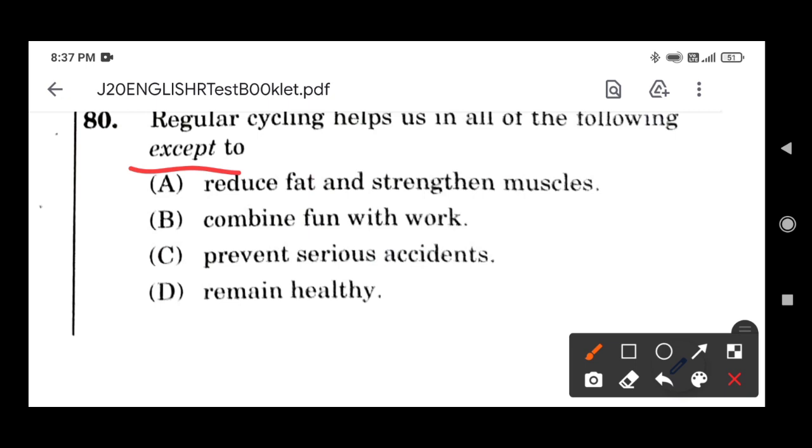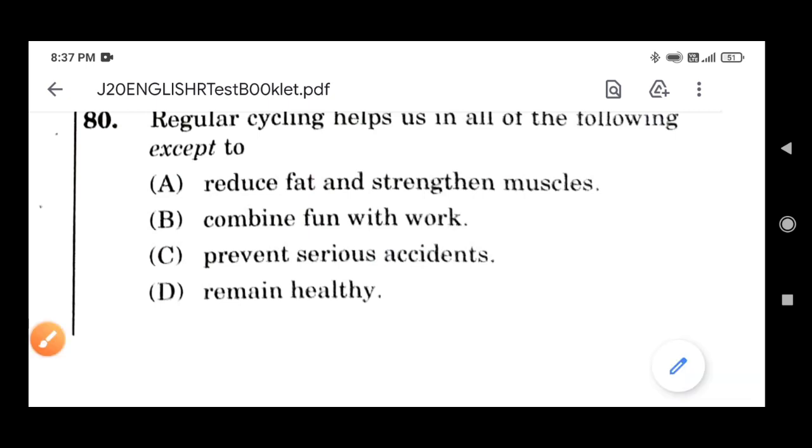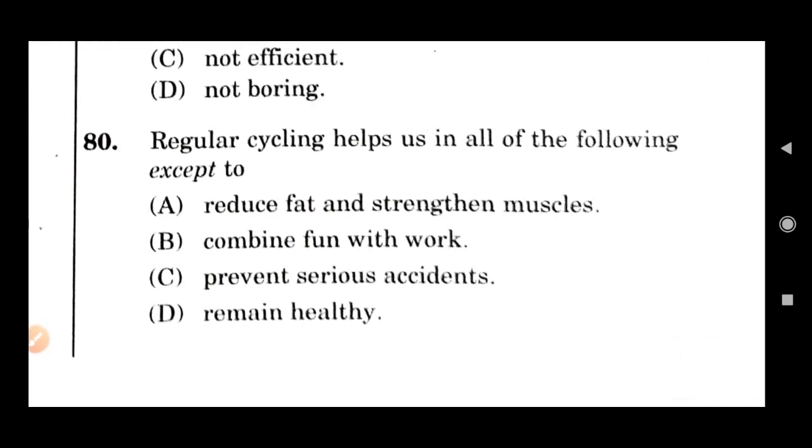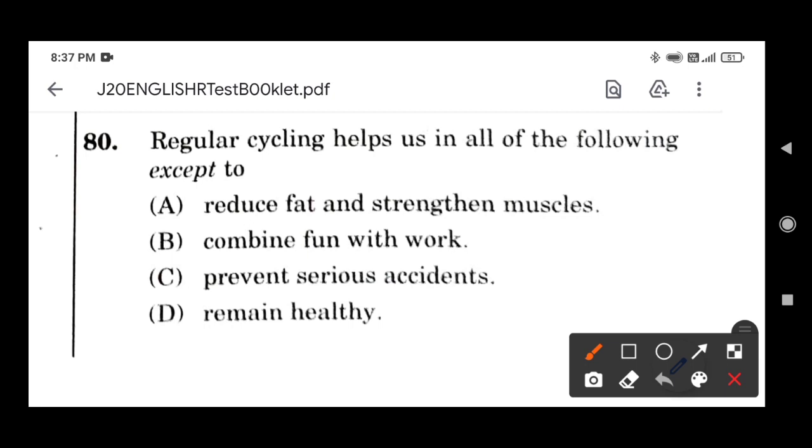The options I'll read: reduce the fat and strengthen muscles, combine fun with work, prevent serious accidents, remain healthy. Reduce fat and strengthen muscles, this is okay. Prevent serious accidents, this is also okay. Remain healthy, these three are same but one is different, the odd one out. That is B, combine fun with work. So the answer is B. So in such a way we need to identify the options.